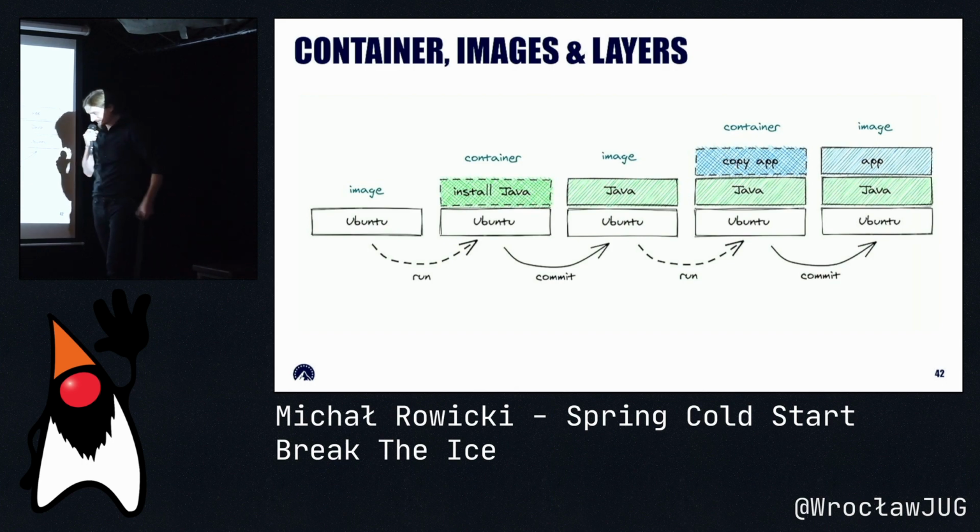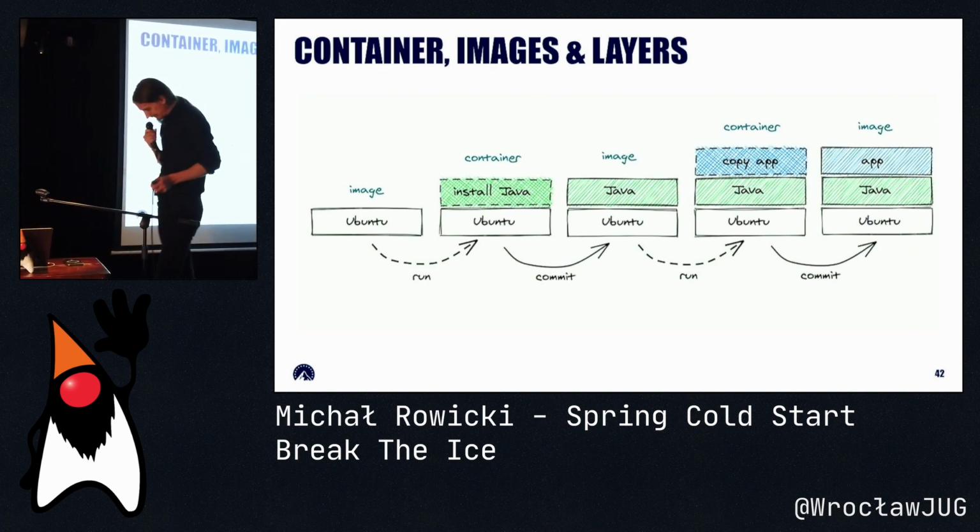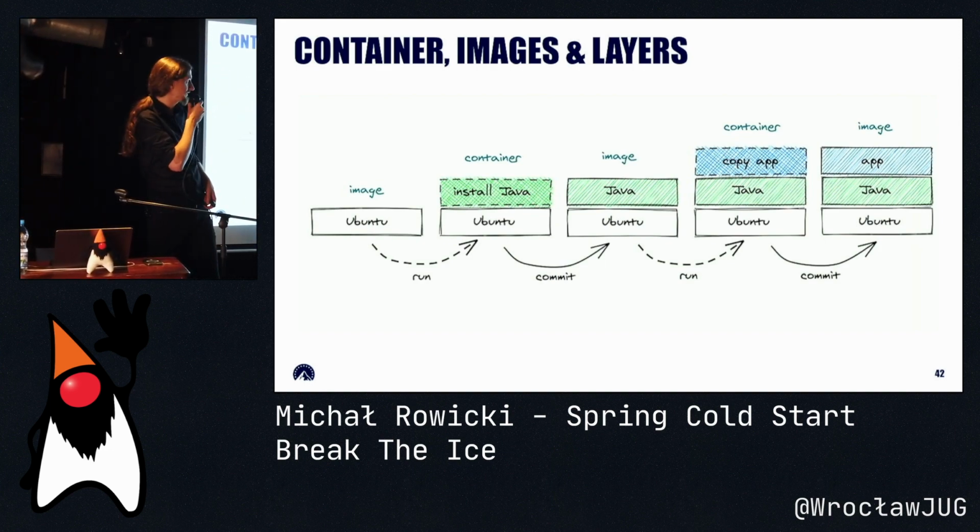But before we go there, some knowledge about how we are building images. When you write this Dockerfile with commands, actually what you are getting from the FROM is the image. Then when you install Java somehow with some package manager, it actually runs a container.